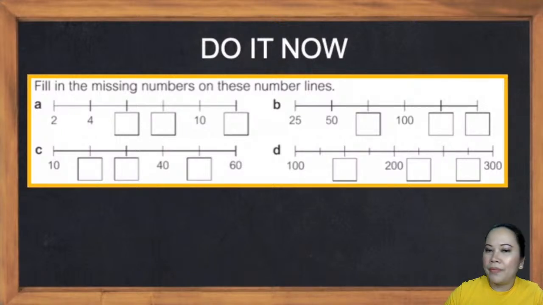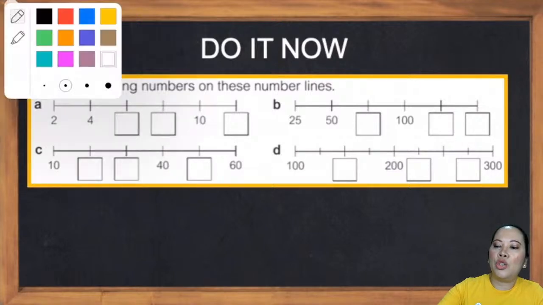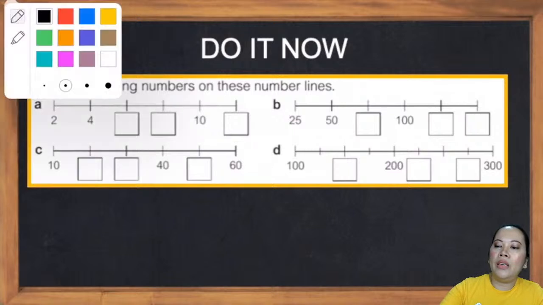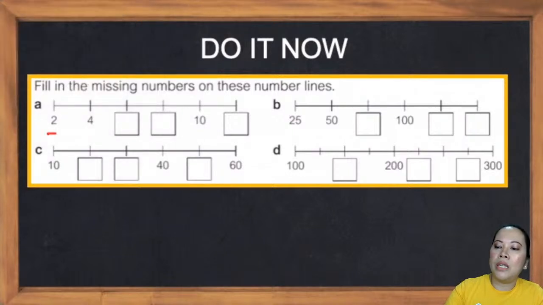Okay, so we have here, fill in the missing numbers on these number lines. For letter A, you have 2 followed by 4, and then an empty box, and then another empty box, and then 10.